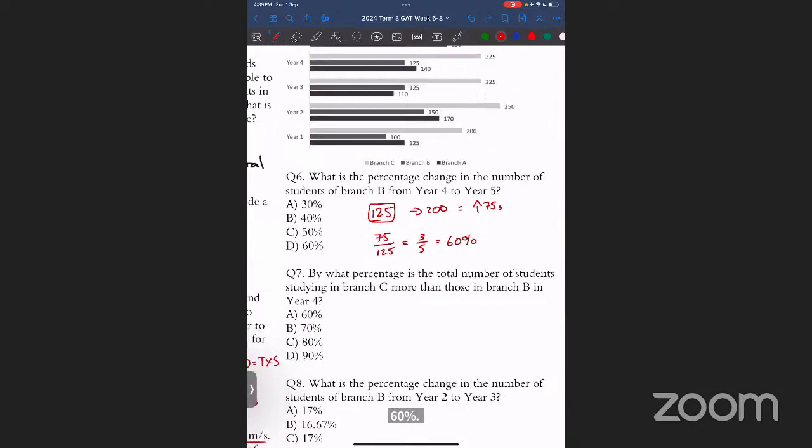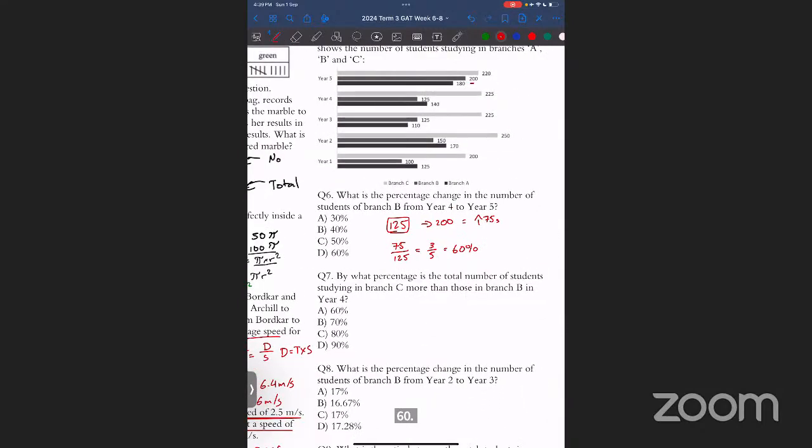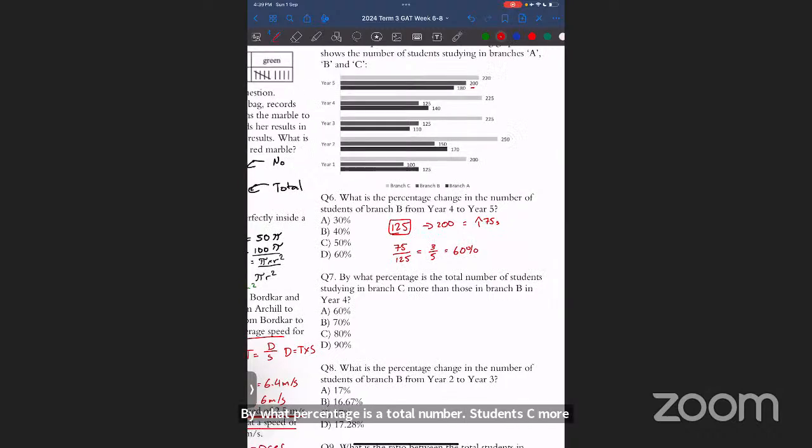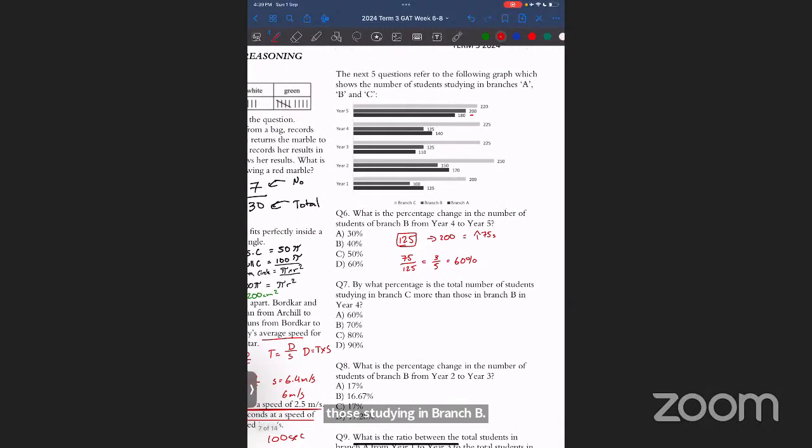Question number 7. By what percentage is the total number of students studying in branch C more than those studying in branch B? So the total number of students in branch C in year 4 is 225. And branch B in year 4 is 125.